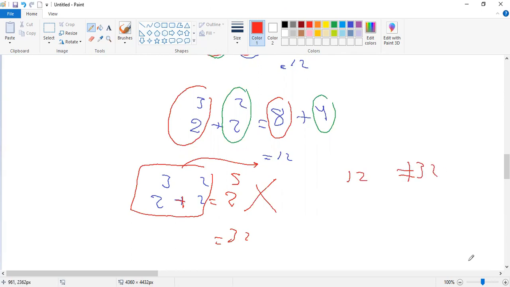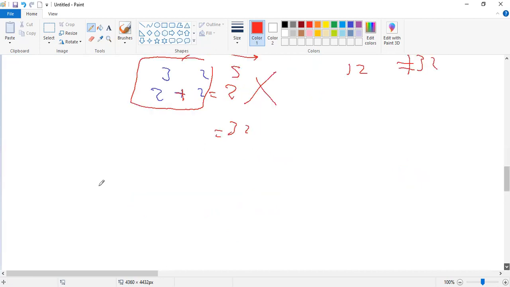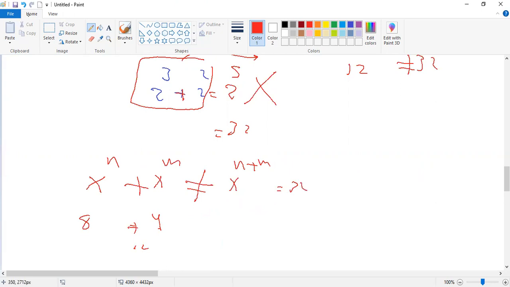What does this mean? It means if I have x^n plus x^m, it is not equal to x^(n+m). Like I said, 2 cubed is 8 and 2 squared is 4, so the sum is 12. But if I add the powers, it will be 32. So 32 is not equal to 12.